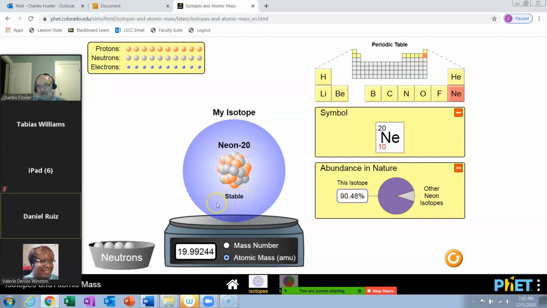Mass number, anyone want to make a guess? 20, exactly that number there. And atomic mass? 19.99244. Got it. Okay. Symbol? 20Ne. Yeah, N would be nitrogen, Ne is neon. Okay. And the abundance in nature?